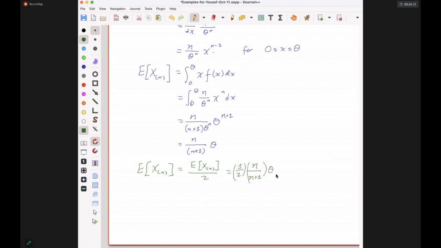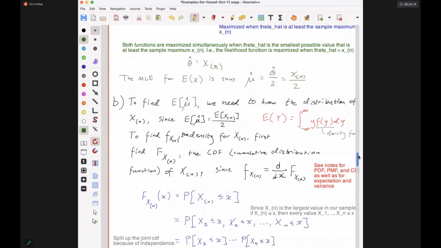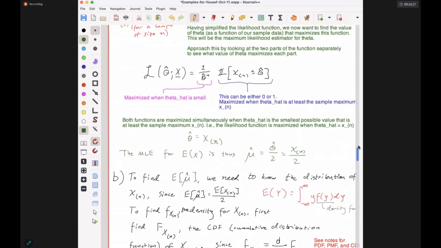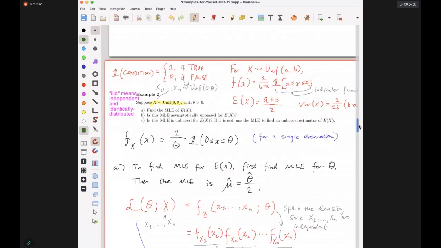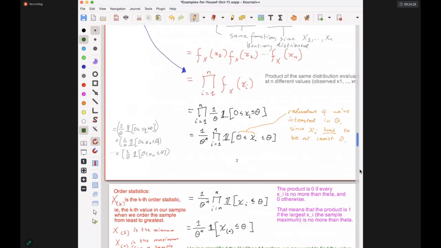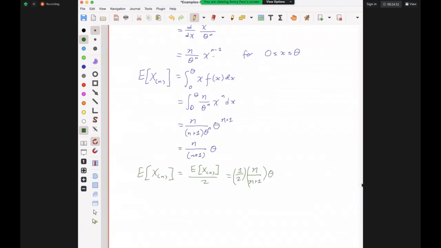Does this make sense? Okay. So then what was the question? Is it asymptotically unbiased for the expectation of x? What would you say about this?